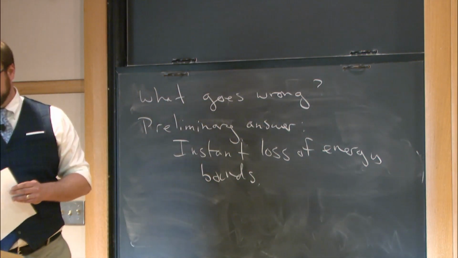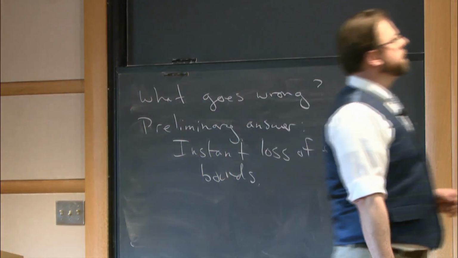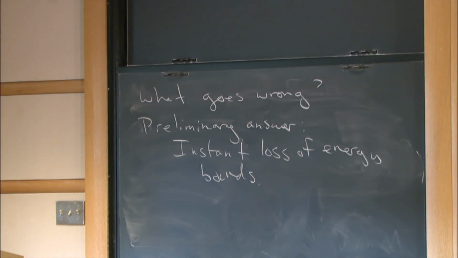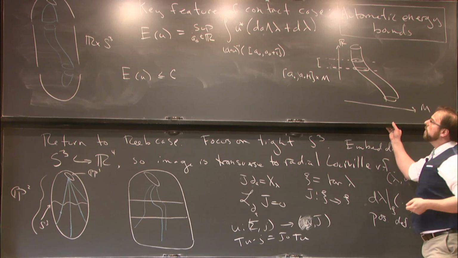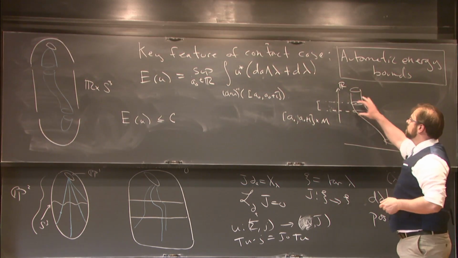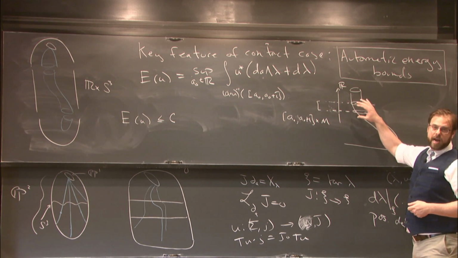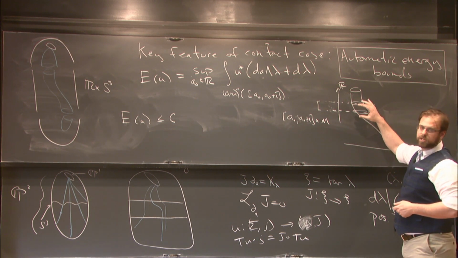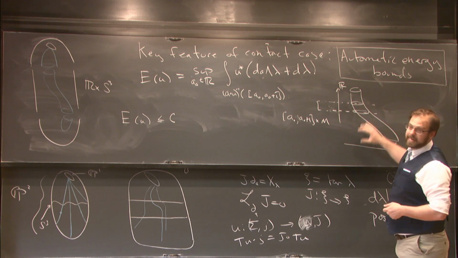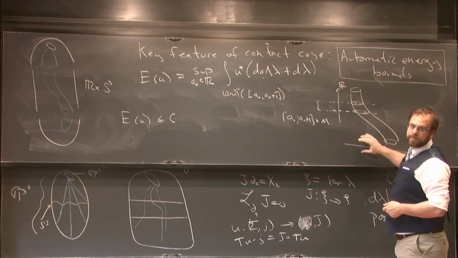A key feature of the contact case is that you automatically have these energy bounds. The way I like to think of it is that in some thickened slice, there's a bound on how much area the pseudo-holomorphic curve has in this region, and that bound is independent of where I take that thickened slice, up or down.